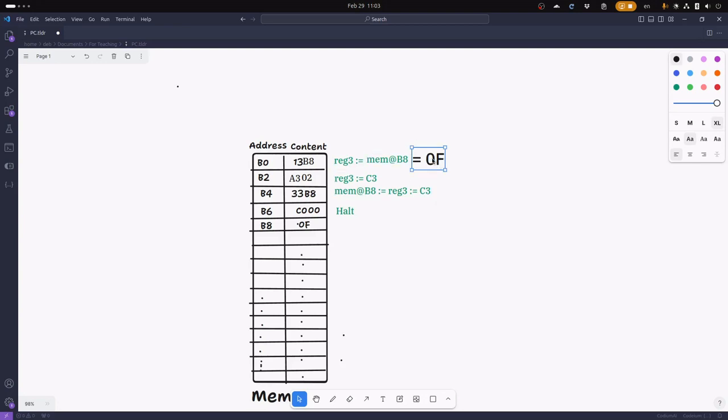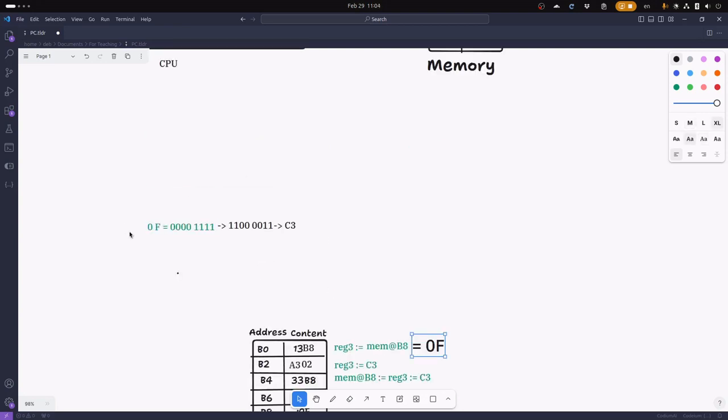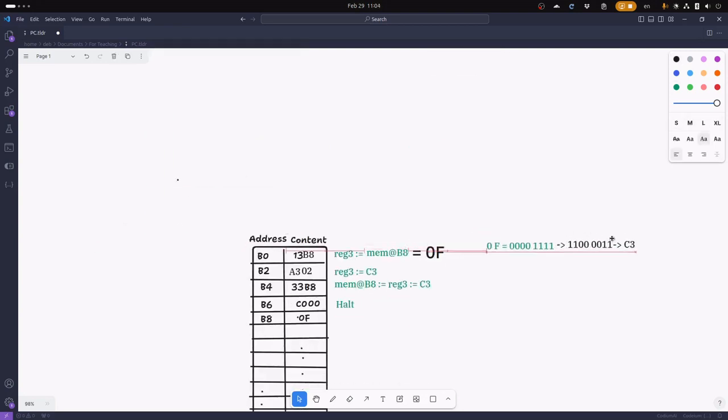We don't need to move the value somewhere else, we just go to register 3, do the circular shifting, and keep the value in register 3. As a result, the value of register 3 became C3, from 0F to C3. So now the value of register 3 is C3 after executing this command.